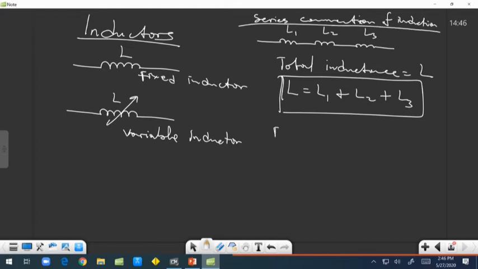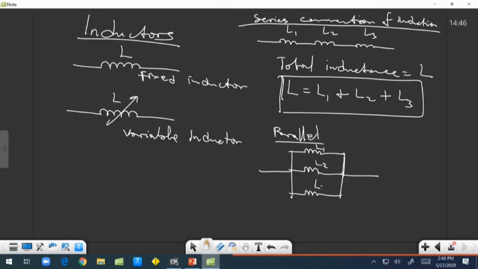But when we talk about the parallel connection, we have inductors connected in parallel, something like this: 1, 2, 3.